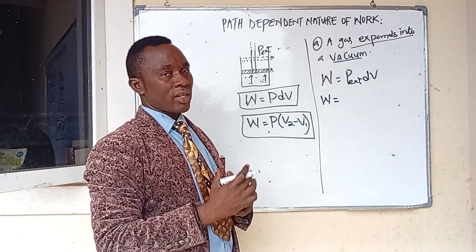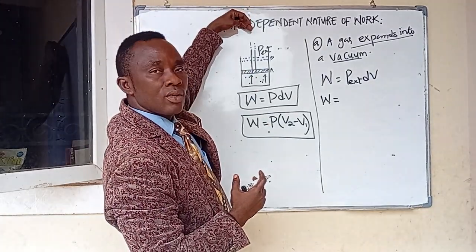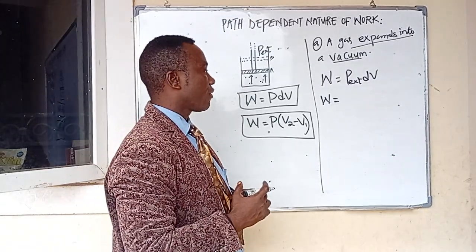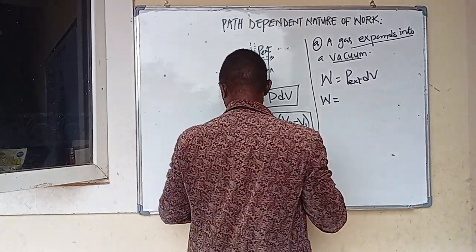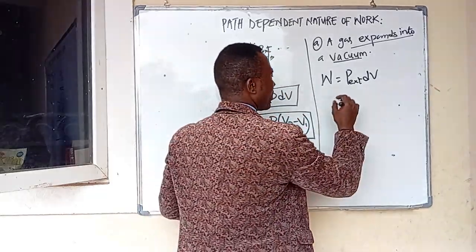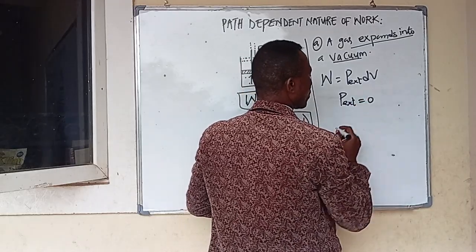That means that the work done when a gas expands into a vacuum will be the exterior pressure, which is the pressure of the vacuum, because the gas is expanding into a vacuum. And we know that vacuum does not exert any pressure. That means the pressure of the vacuum, which is the pressure exterior, will be equal to 0.